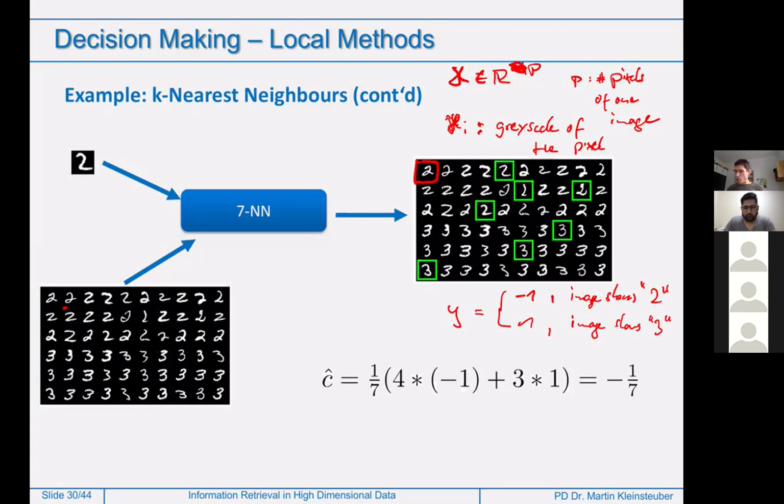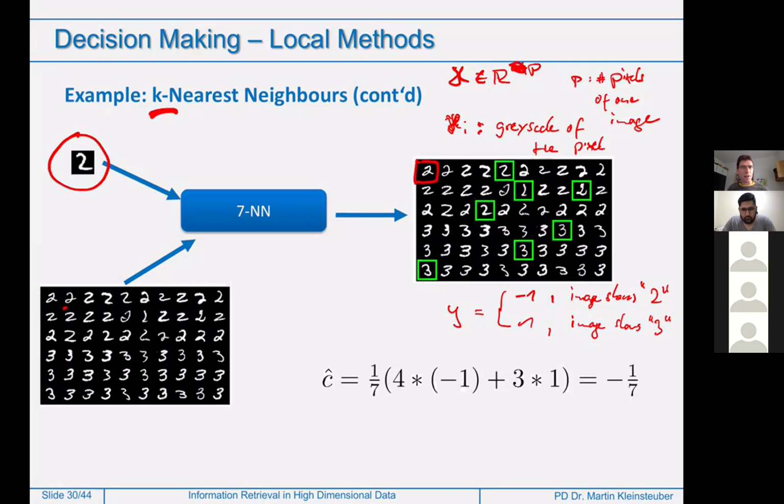And for local decisions, this is the new data x coming in. Here, this is our x. What we do is, we set k equal to 7. We can also choose k equal to 10 or 5. It depends.